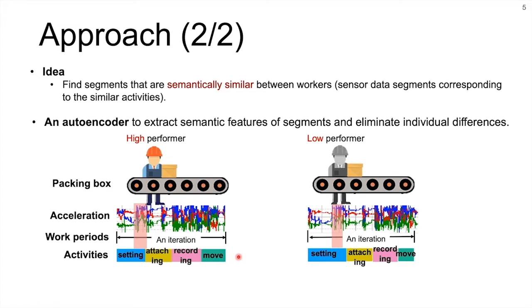However, sensor data between these workers are very different. Our approach leverages an autoencoder to extract semantic features of the segments and eliminate the differences between individuals.